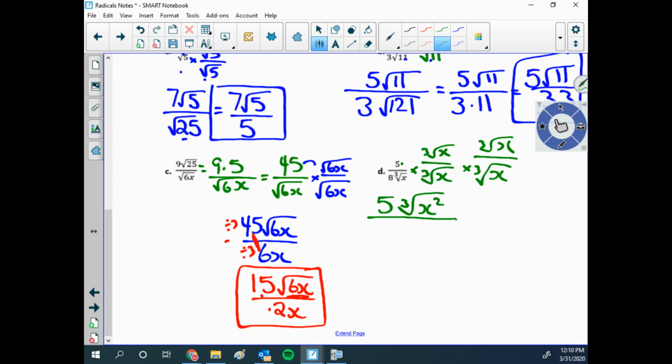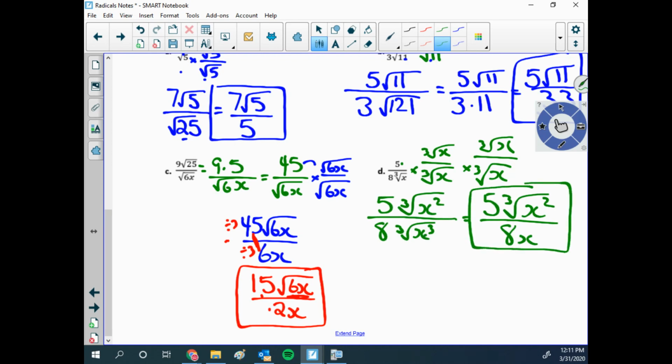The bottom gives me 8 times the cube root of x times the cube root of x times the cube root of x, so the cube root of x cubed, which simplifies to x. The numerator I can't simplify any further, so it stays the same, over 8, well, the cube root of x cubed is just 8x.